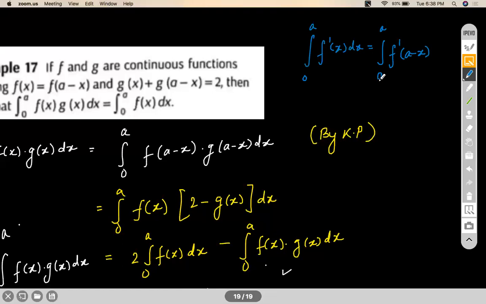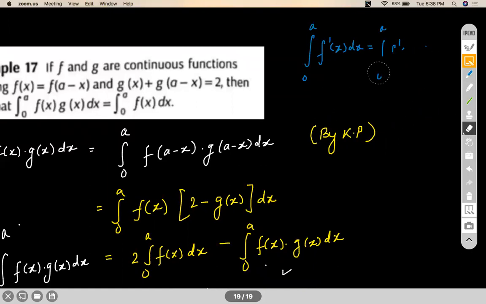You just took the derivative of f(x) to be another function. f dash x will be the negative of f dash of a minus x, because you'll follow the chain rule on this, no? Oh, right.